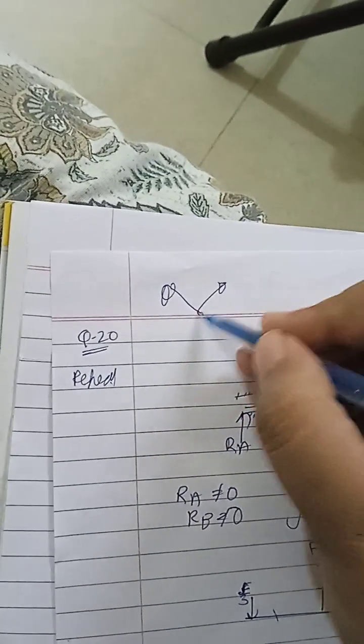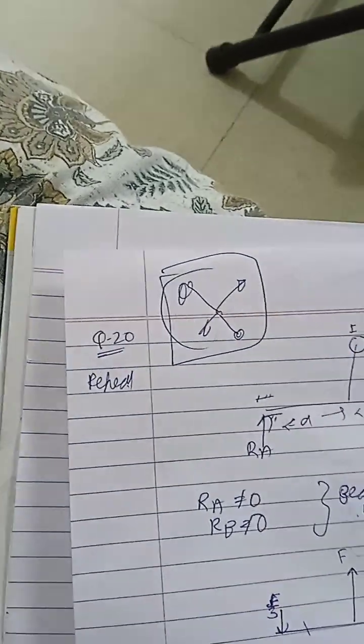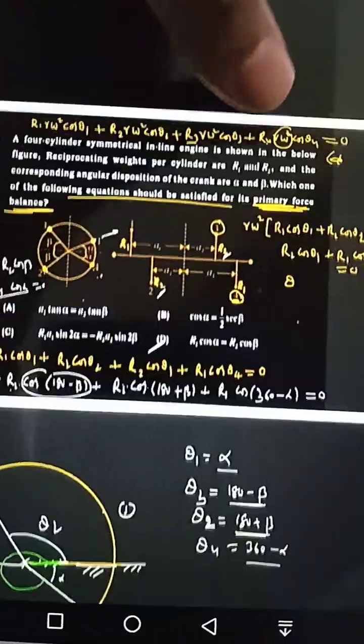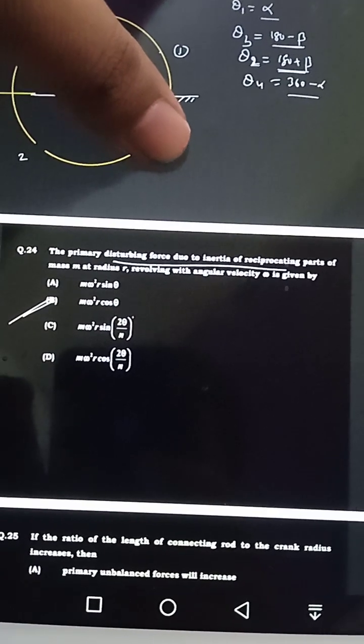Don't confuse it with that case. This is a new concept of inline engines where there are more than two engines, all at some angle. Don't worry, we don't have to do this. 24 answer is B.